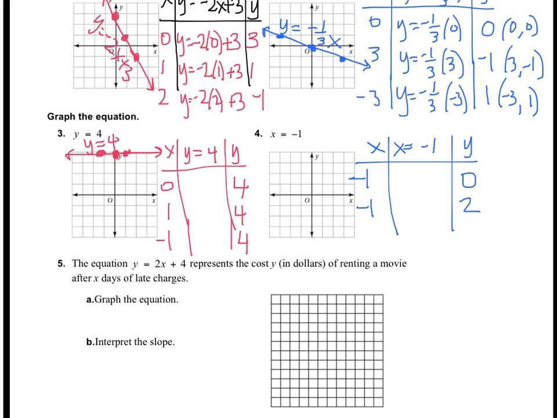You could put something else if you want, just make sure it fits on the grid. And here's another -1, and I'll make this -3 because I like a negative somewhere in there as well. So now let's plot. I'm plotting the point -1, 0, -1, 2, and -1, -3.